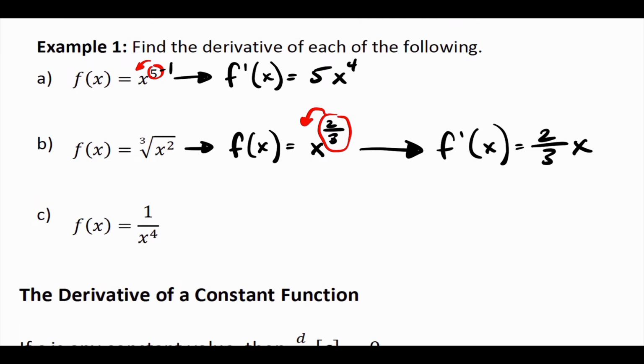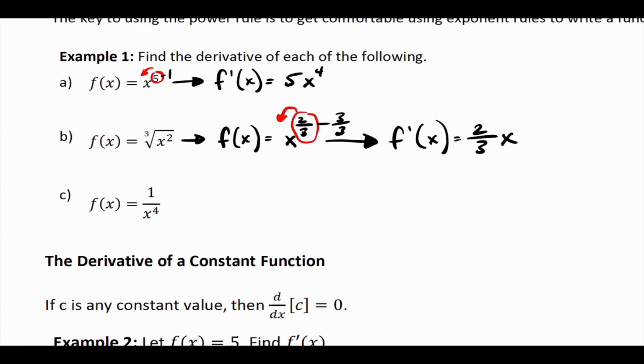If I subtract 1 whole from 2/3, what am I really subtracting? 3/3, right? It's probably a little easier. So that's negative 1/3 power.